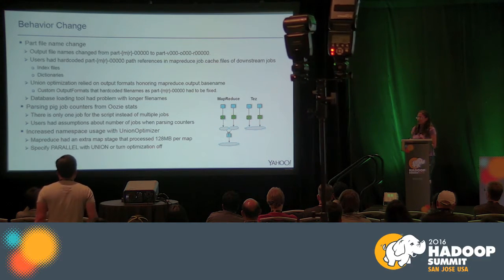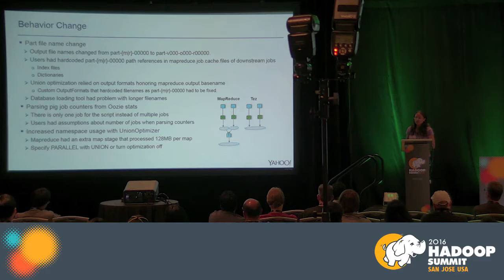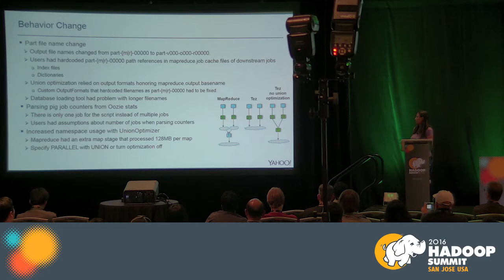But what happened now was we had more files. In this case, there ended up being 40 output files. For some users, that was not acceptable. They wanted fewer files so that they don't hit the namespace limits. So they had to turn off the union optimizer, or specify a parallel clause to say how many files they needed.